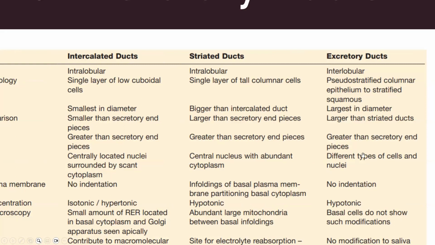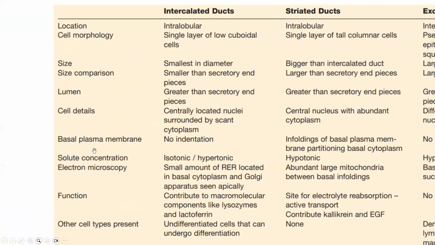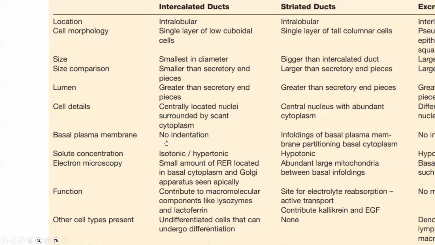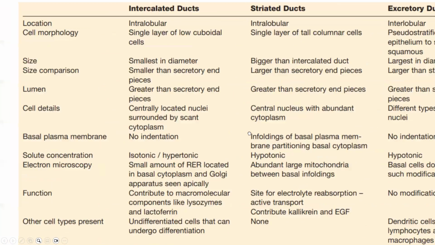It is not like one type. There are various types of cells as well as nuclei. Basal plasma membrane of the intercalated: no indentation. In the striated, infoldings of basal plasma membrane partition the basal cytoplasm, and there is no indentation in excretory.